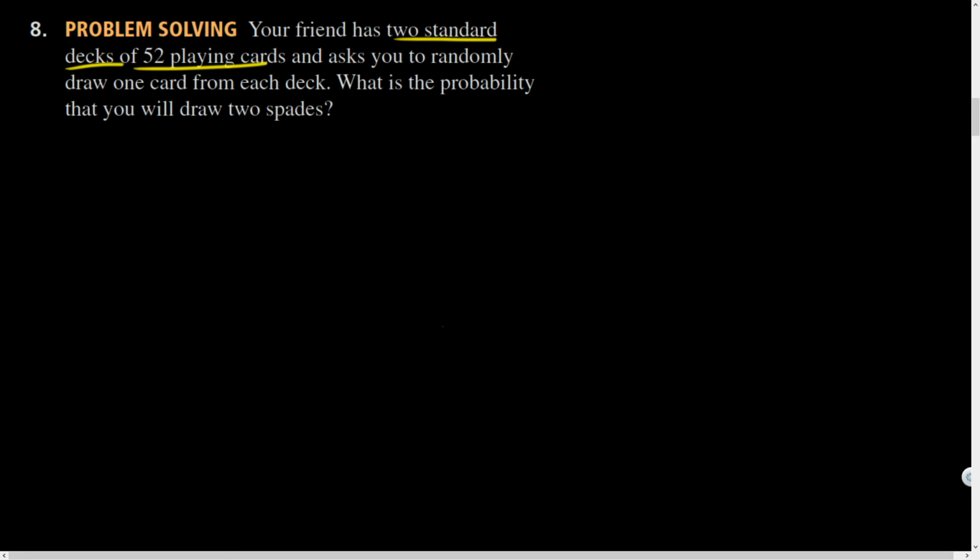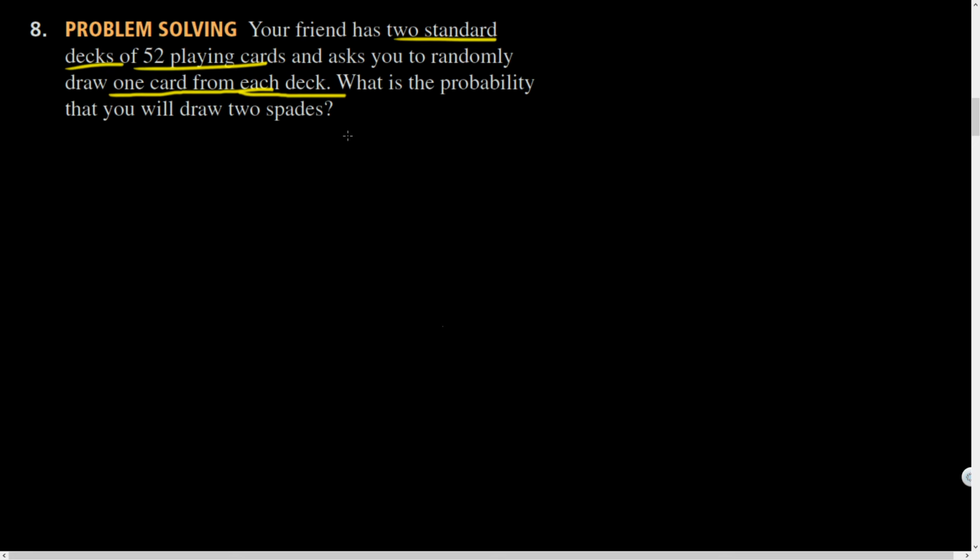So if I want to figure out this 2 spades probability, wait a minute, 2 standard playing card decks. I'm trying to think of how to set this up. Draw one card from each deck. Aha, all right, okay, because I was starting to worry if I had to do the replacement thing.